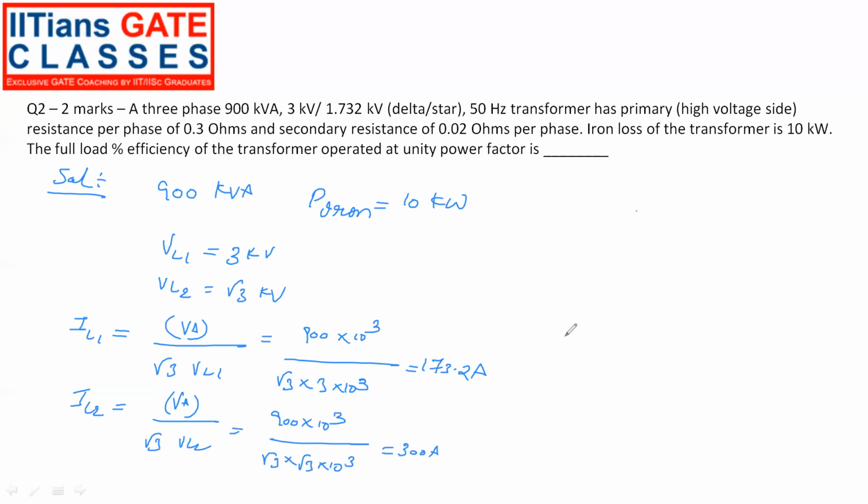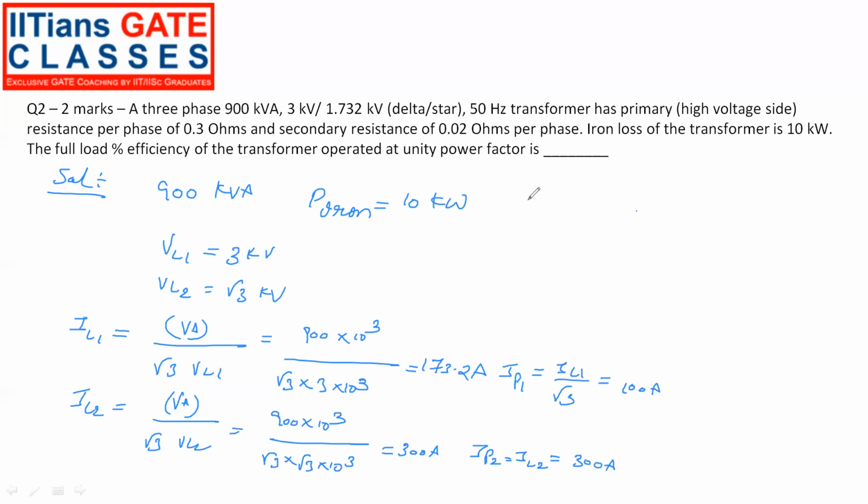Now the phase current on the primary side, I phase 1, is given by IL1 by root 3. So that is equal to 100 amps. Similarly, on the star side, for a star, we know that phase current equals line current. So that is equal to 300 amps.